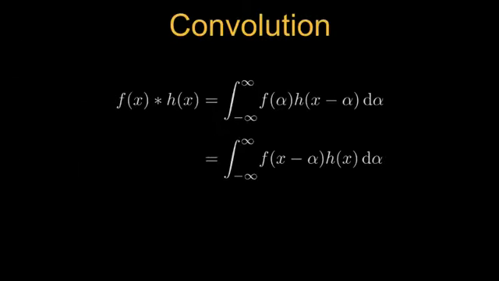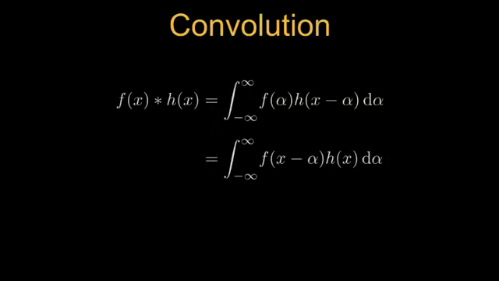This means that we are performing an operation defined in terms of an integral going through all of space, where we have f of alpha multiplied by h of x minus alpha. You can see here that the argument you want to look at is x, which is right here. But you're manipulating the two functions over an entire axis of alpha, which is actually a dummy variable here.